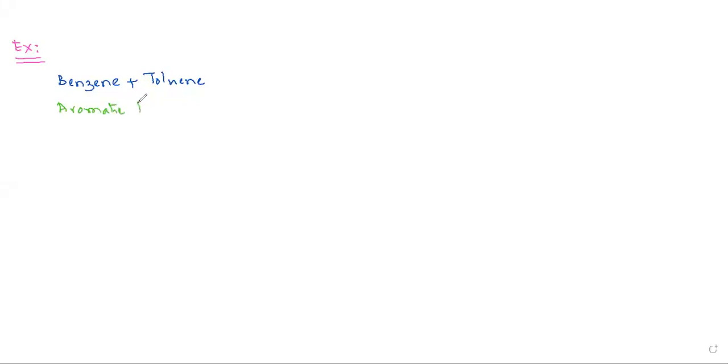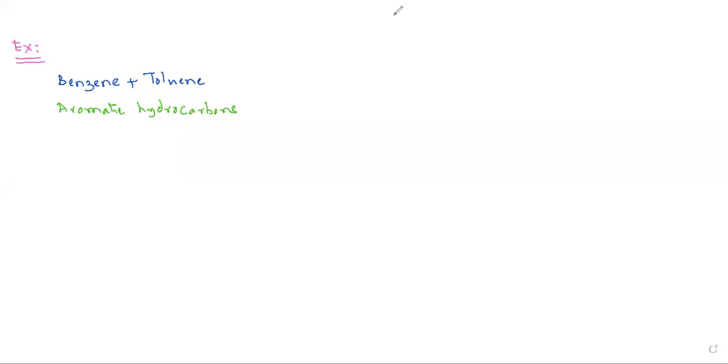When these two are mixed, there won't be any new attractions because both are of the same family. No new attractions develop between the molecules of these two. So this is said to be ideal.